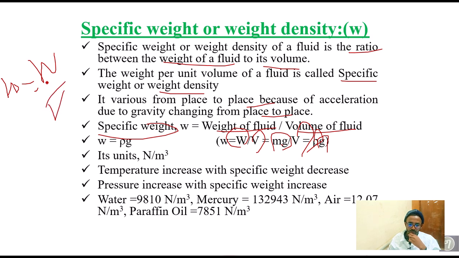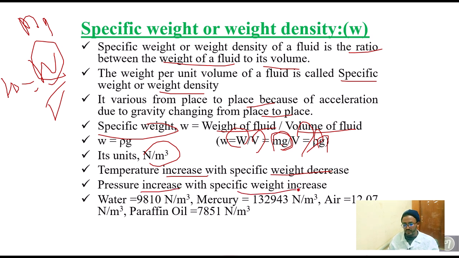We know weight is mg. So we call this specific weight or weight density. Its unit is Newton per meter cube. Here also, temperature increase, specific weight decrease, and pressure increase, specific weight increase.